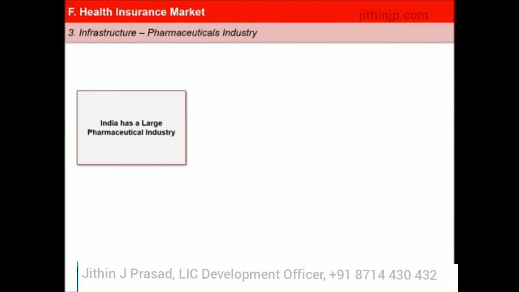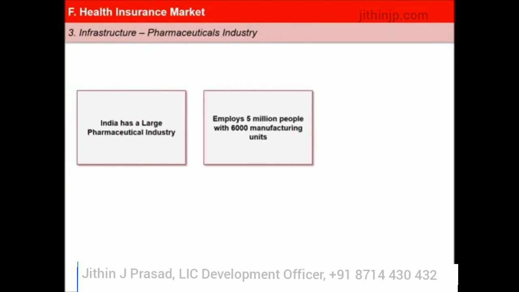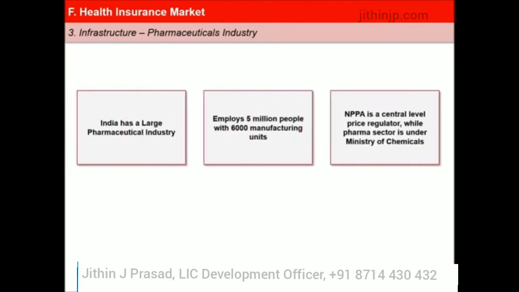India has a large pharmaceutical industry, which has grown from a Rs 10 crore industry in 1950 to a Rs 55,000 crore business today. It employs about 5 million people, with manufacturing taking place in over 6,000 units. The central level price regulator for the industry is the National Pharmaceuticals Pricing Authority or NPPA, while the pharma sector comes under the Ministry of Chemicals.